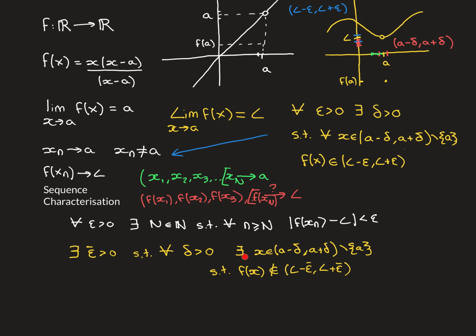So there must exist an x inside that delta interval that isn't A itself, such that what it's being mapped onto is not an element of the epsilon bar interval around L.